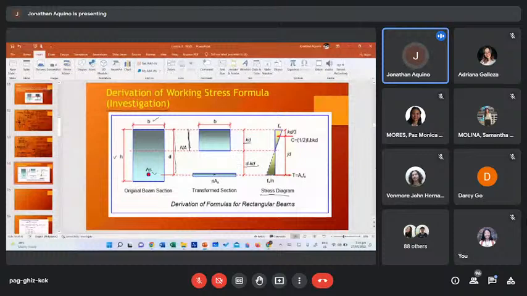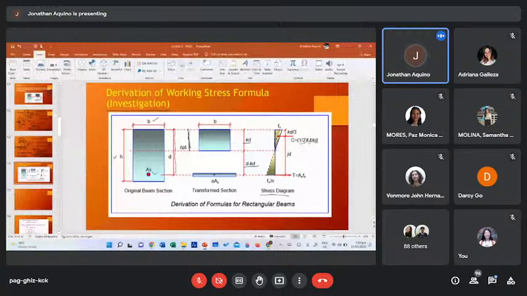Okay. Then the internal couple, okay, the centroid of the compression, so for the triangular section, the centroid is 1/3 of the height of the triangle. So this is equivalent to kd over 3. Then the compression is simply the area of this triangle, 1/2 fc times kd, 1/2 fc times kd times b. So yun yung volume.